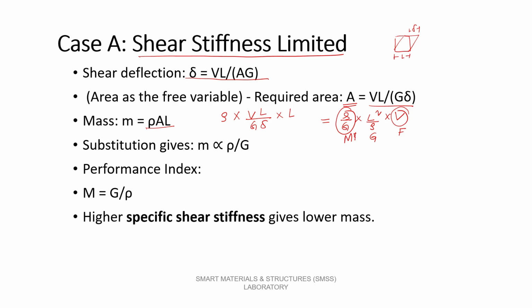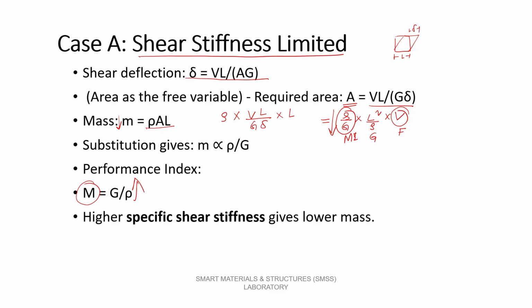So, this is Mi. Okay. So, in order to reduce the mass m, I have to reduce this rho by G. Now, we have defined the inverse of it as the capital M, that means I have to increase this G by rho. So, that is our shear stiffness limited design for this aircraft shear web, a simple case.